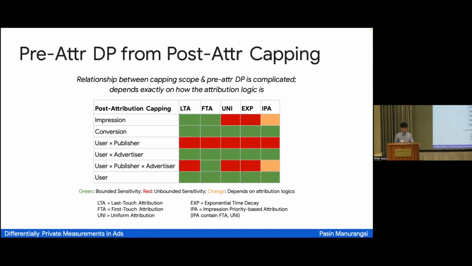For the case of impression level with last touch attribution it is fine, and the post attribution capping does give you DP, but in some notions it unexpectedly does not give you DP, such as the user publisher level notion or the user publisher advertiser notion. So this subtlety is something that has to be taken care of when coming up with such APIs.